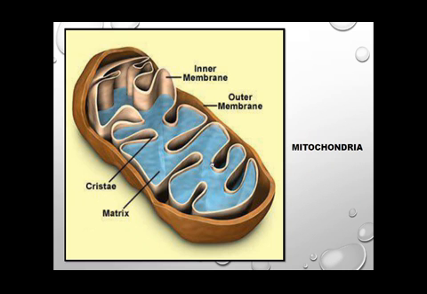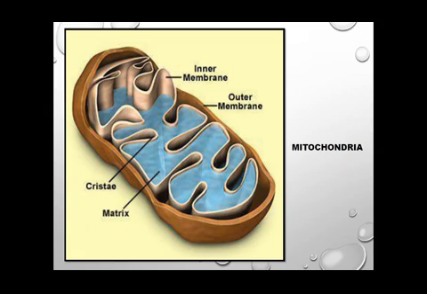Now you can see over here, students, there are cristae or the folds present in the inner membrane of the mitochondria. These cristae or folds contain many different enzymes, and these enzymes help in carrying on the different important metabolic pathways inside our body.